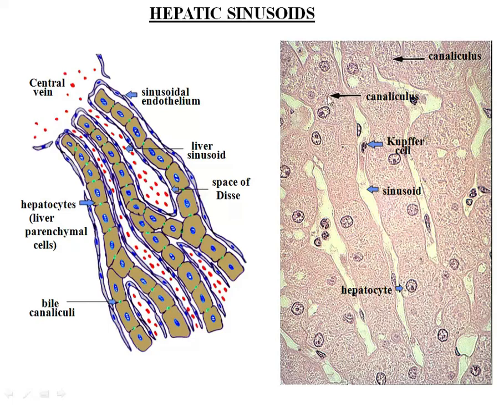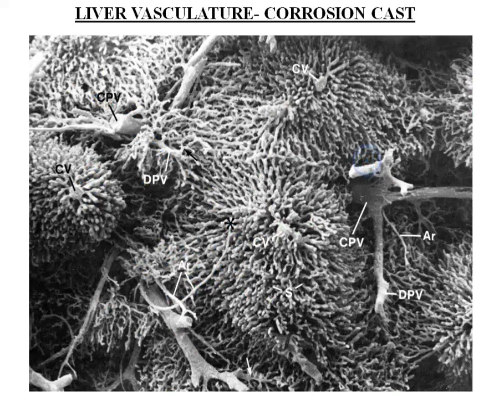And this junction, if you can see here, is a bile canaliculus. Try to see only the space here, sinusoids, hepatocyte nucleus, and if you see here, this is an additional cell other than the hepatocyte in a sinusoid. These are the Kupffer cells. They are phagocytic cells. Their role is like WBCs, macrophages.